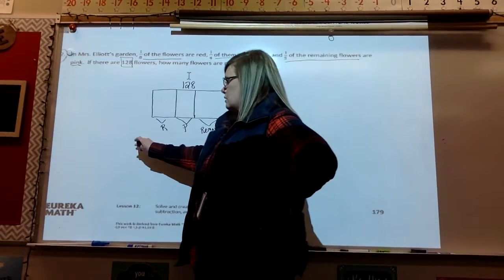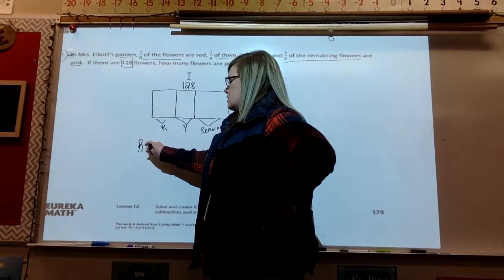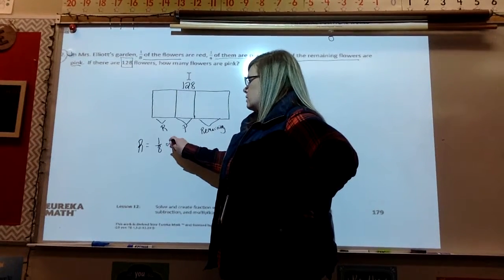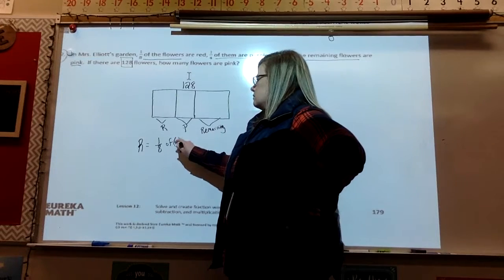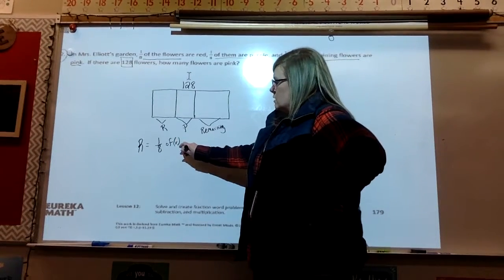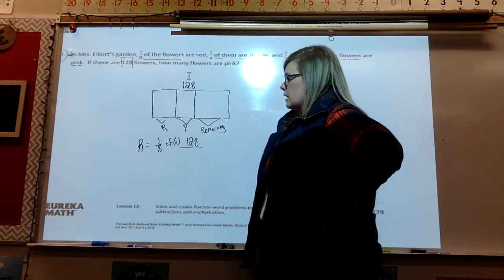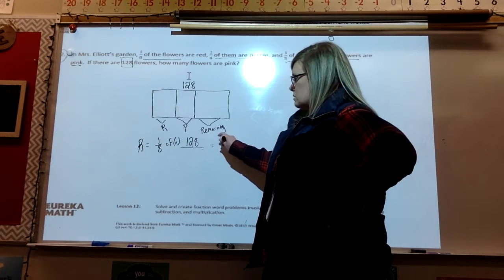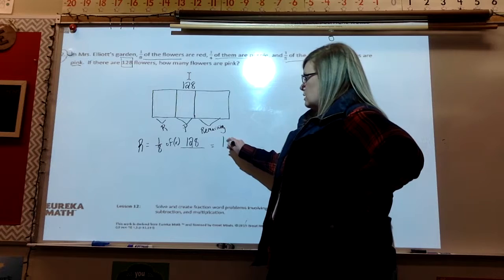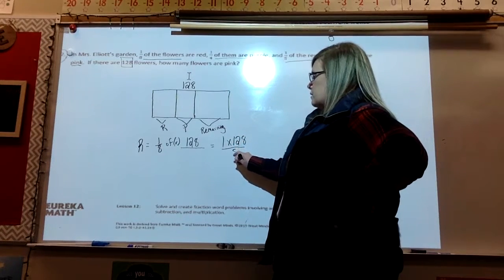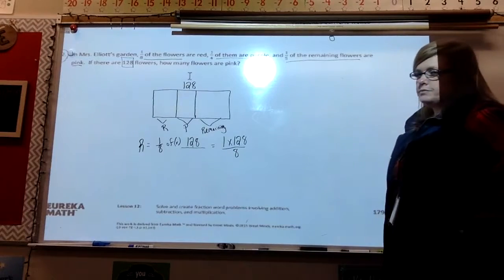So to find out the red flowers, I know that 1/8 of, which just means multiply, of the total, there are 128, are red. So this is a multiplication problem, so I'm going to multiply my numerator times my whole number, and I'm going to divide that by my denominator.